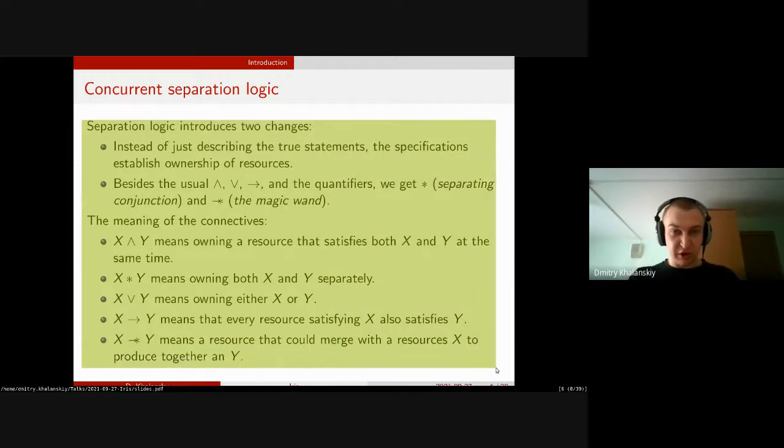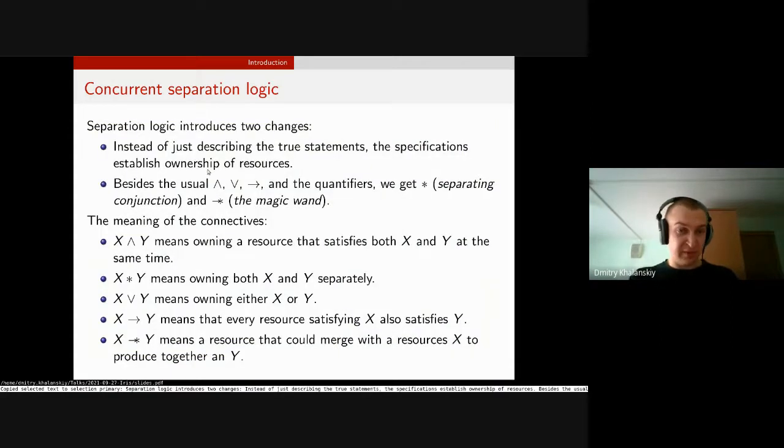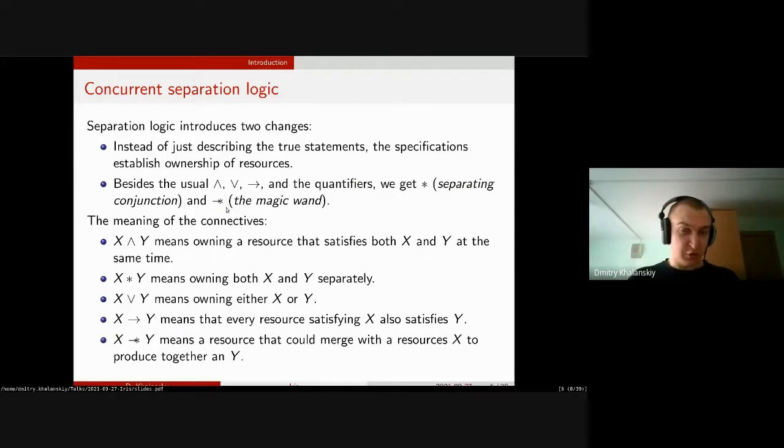And separation logic is the logic that, besides the usual connectives and, or and implication and the logical quantifiers, also introduces separating conjunction and this operator that the authors of Iris call the magic wand.